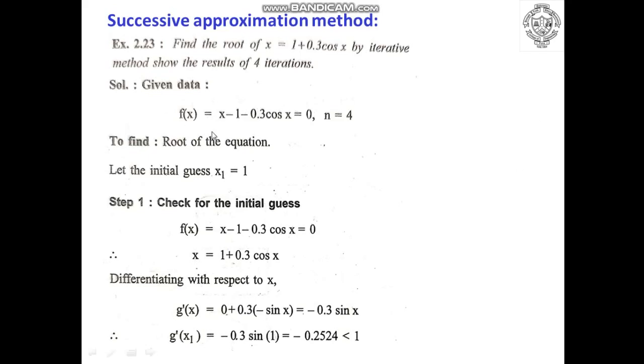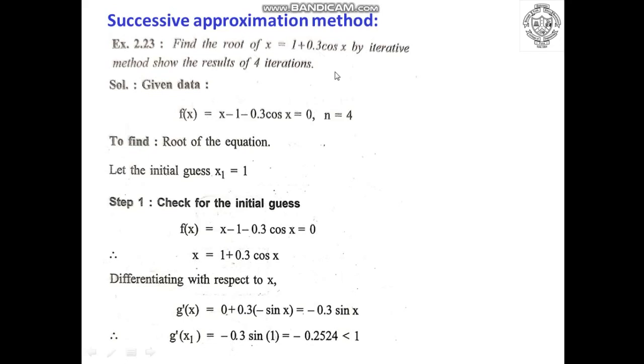Now you will ask me why it is considered as x - 1 - 0.3 cos x. Because in the given numerical, the splitting of the equation is already given. If you observe, one x is given on the left hand side and another term along with the x is given on the right hand side.